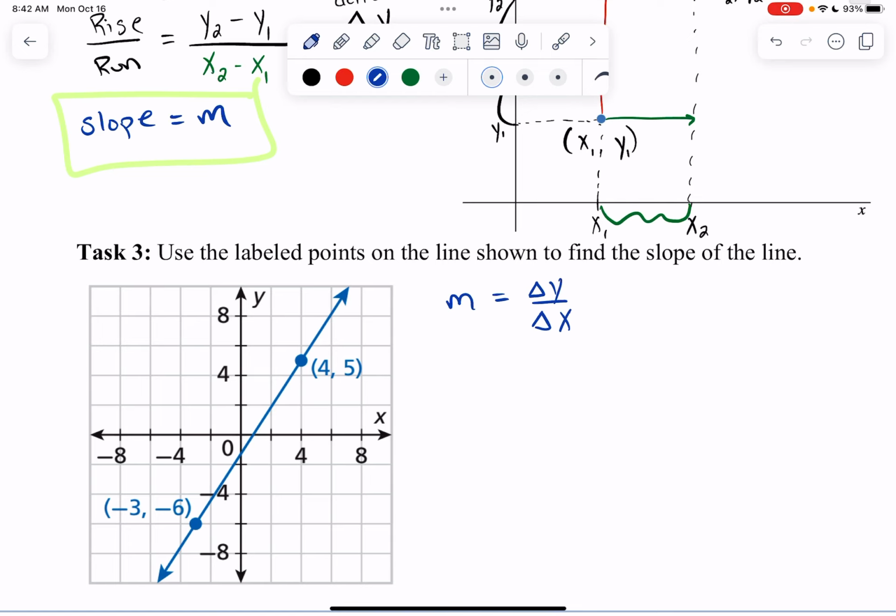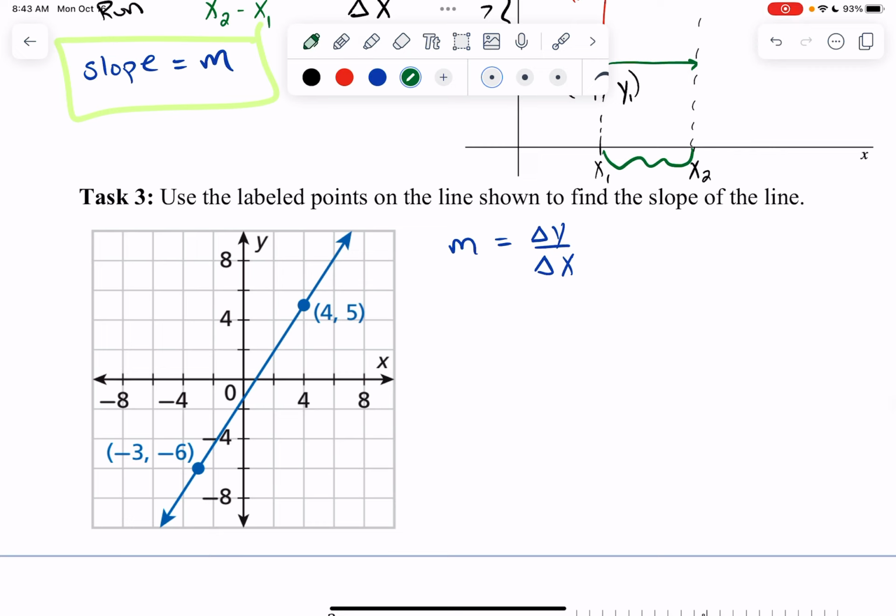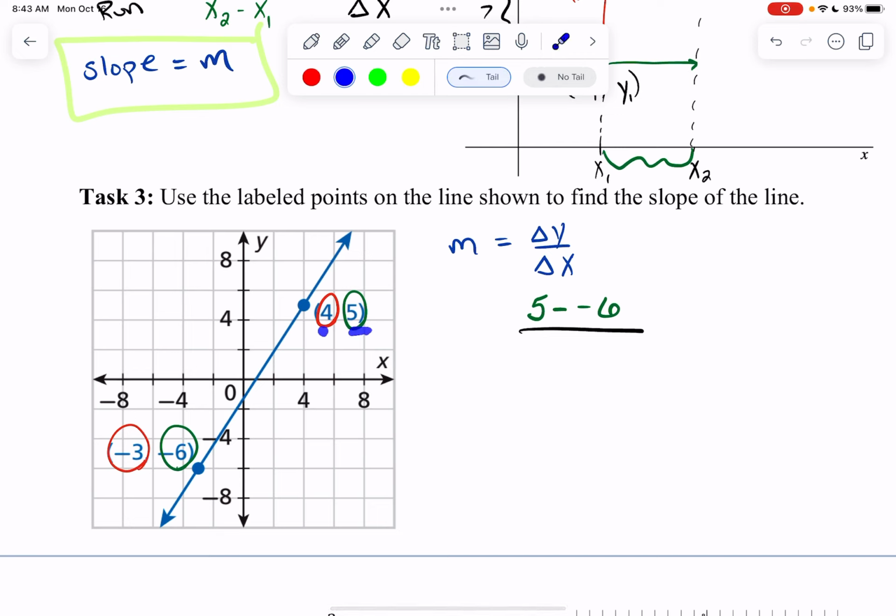So here M, slope, is equal to rise over run, or I like change in y over change in x. For change in y, I identify my y coordinates, 5 and negative 6. So I subtract them, 5 minus a negative 6, over, now I identify my x coordinates, 4 and negative 3. Since I used this 5 first, I have to use the 4 first.